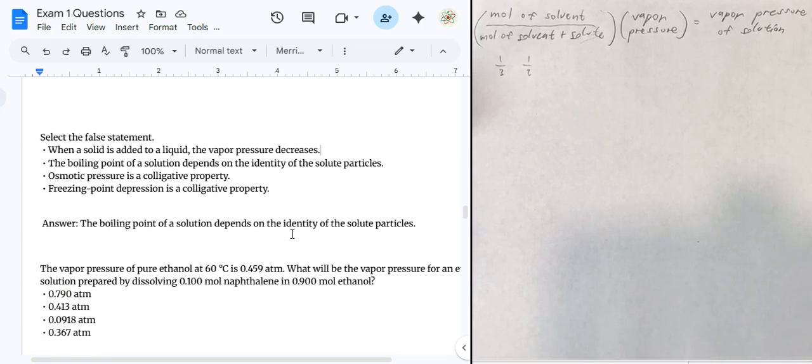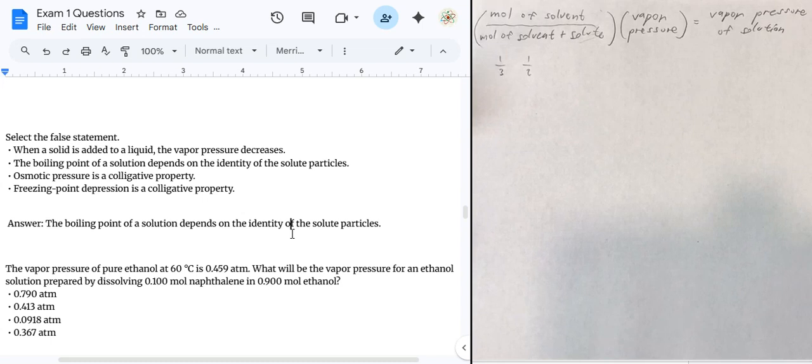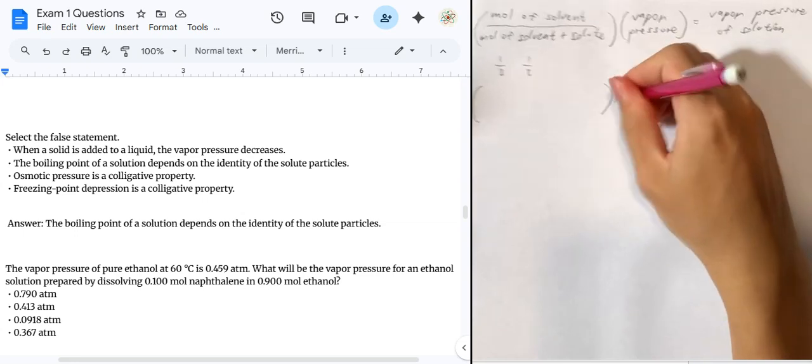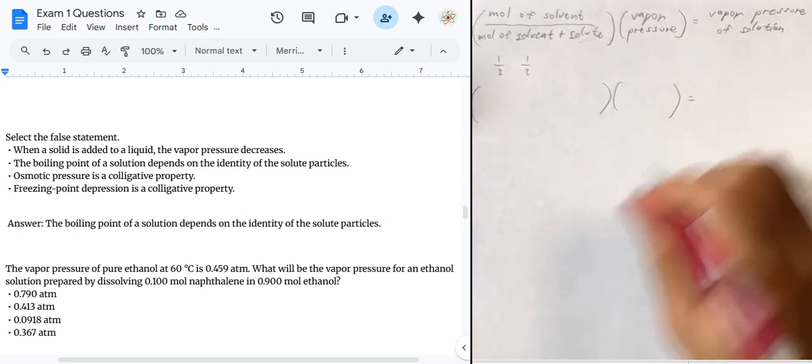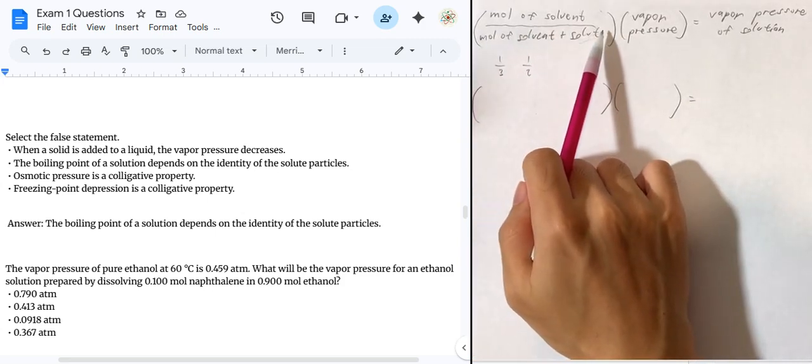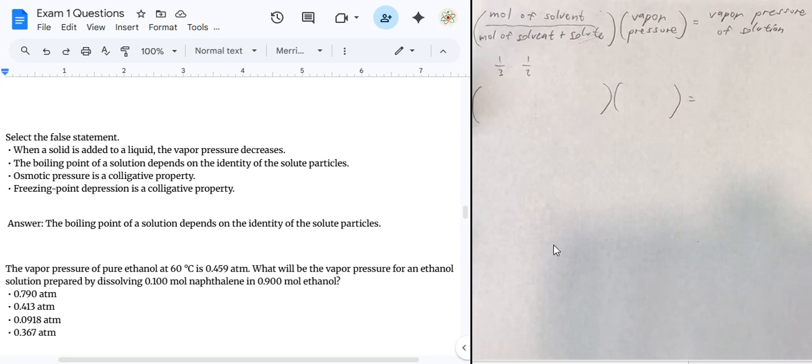Next question is also on vapor pressure. Yeah, it is. So we basically just plug everything in. The moles of solvent. Well, the solvent would be ethanol because there's more of it.